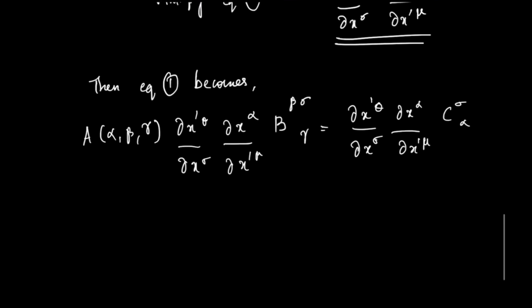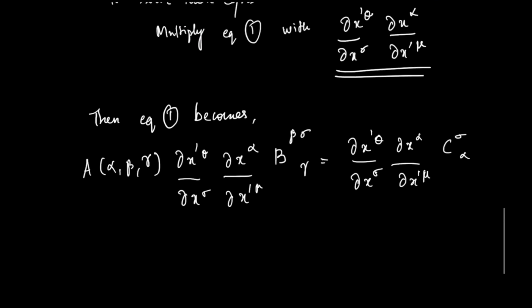So this is equation 1 after multiplying with partial derivative of x prime theta with respect to x sigma and partial derivative of x alpha with respect to x prime mu. Let this be equation number 4.